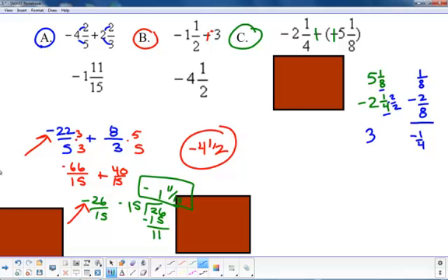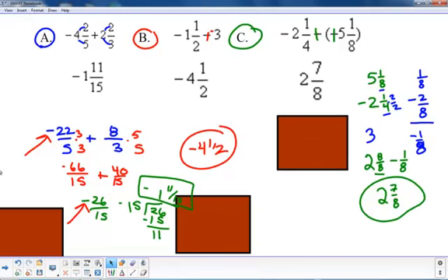So this is kind of like 3 minus 1/8. So I could rewrite 3 as 2 and 8/8. That's the same thing. So 8/8 minus 1/8, because 8/8 is 1, is 2 7/8. Just a different way to go about it. If you like letter A's method, continue with that.